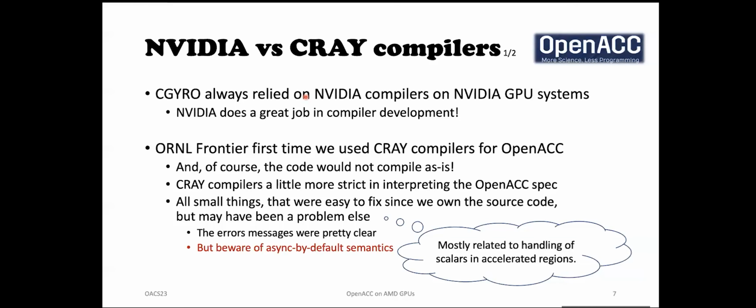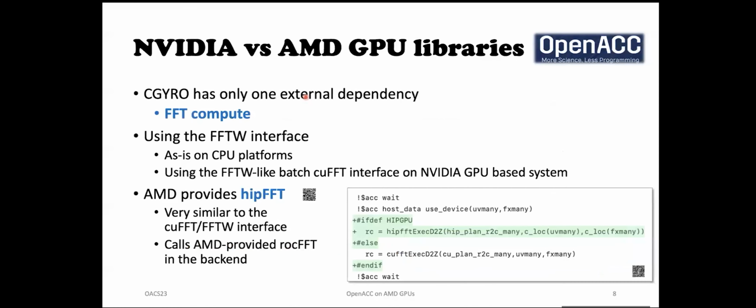The one thing that really tripped me was that the CRAY compiler has async by default semantics for OpenACC, while NVIDIA has it synchronous by default. You can make the compiler be synchronous by default with a compiler option, but it's not out of the box. So that took a couple of days of scratching my head trying to figure out why things weren't working. Not a big deal once you know it, but definitely not expected.